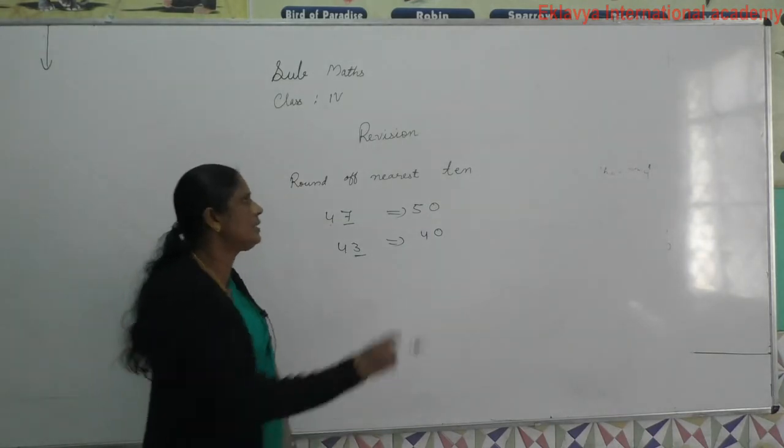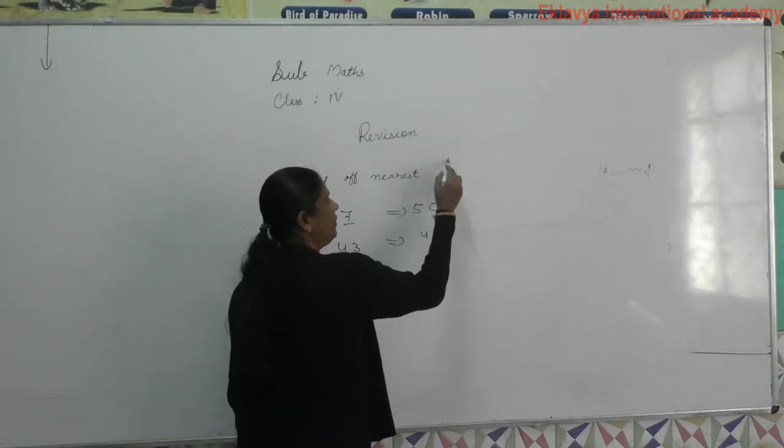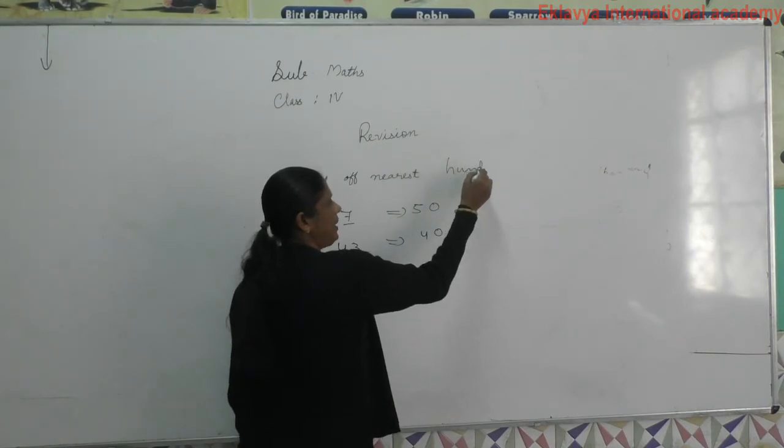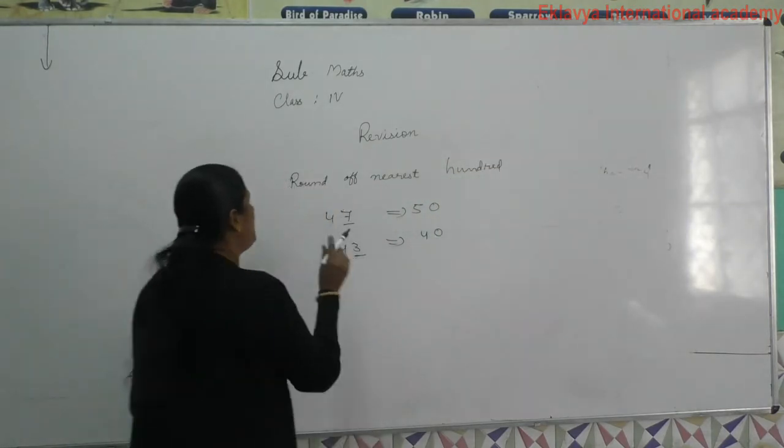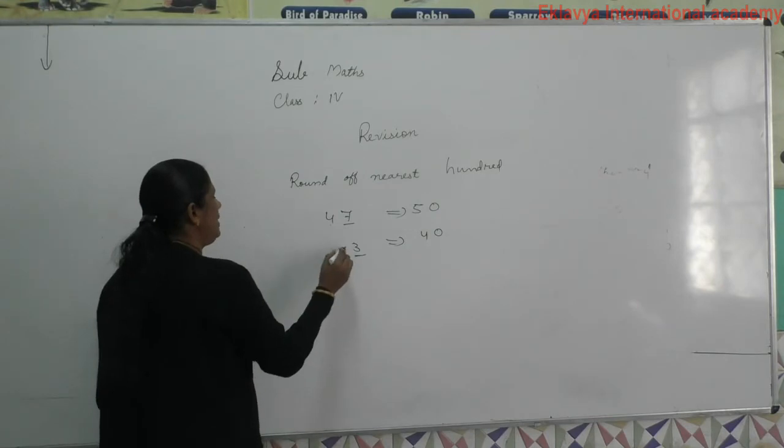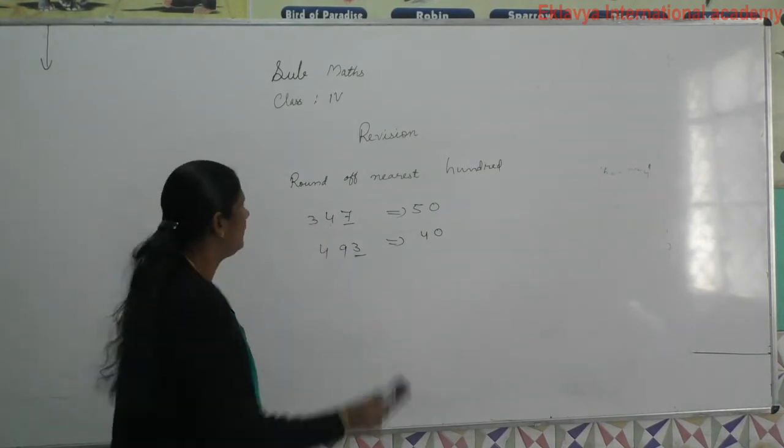Then round off nearest 100, which place do you see? Tens place.